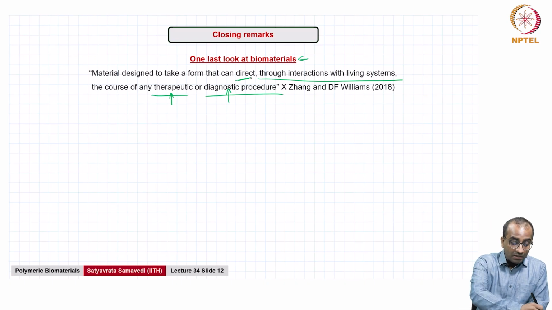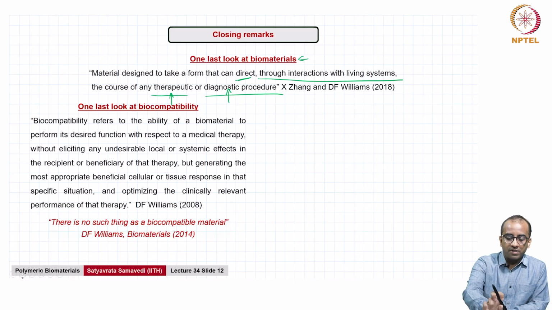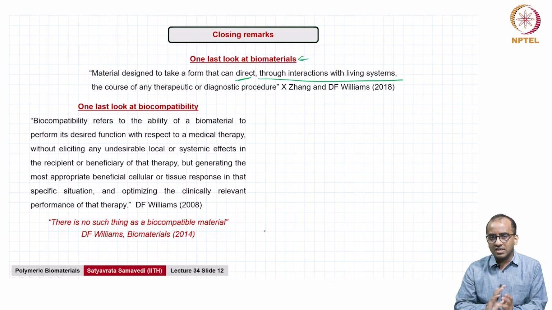Likewise, we will take one last look at our familiar good old friend biocompatibility. This is a word that we have seen extensively throughout this course, and perhaps now it is clear to you why this lecture was also titled Biocompatibility, Medical Devices, Translation and Regulation, because they are all deeply connected.